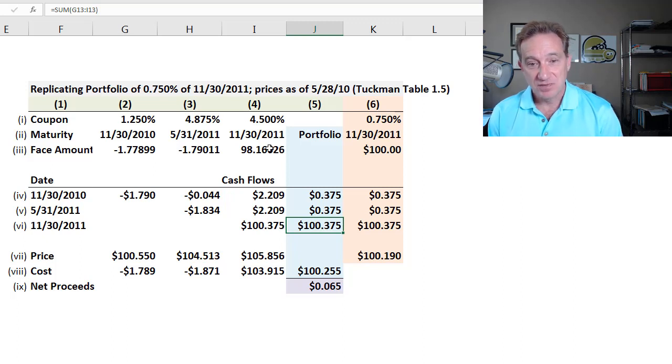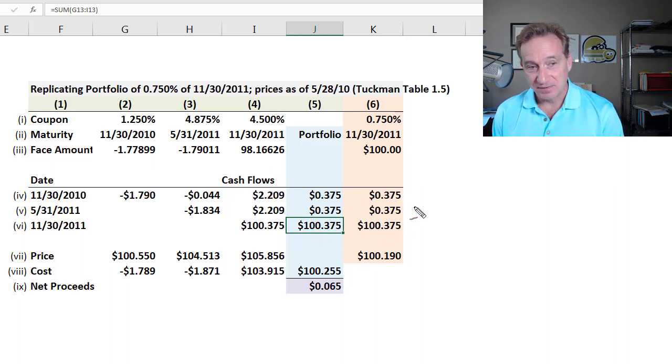If we purchased $100 of face amount of this bond, of course we would get 100 plus half this coupon, or $2.25, which would be 102.25, which is more than we need to exactly replicate.